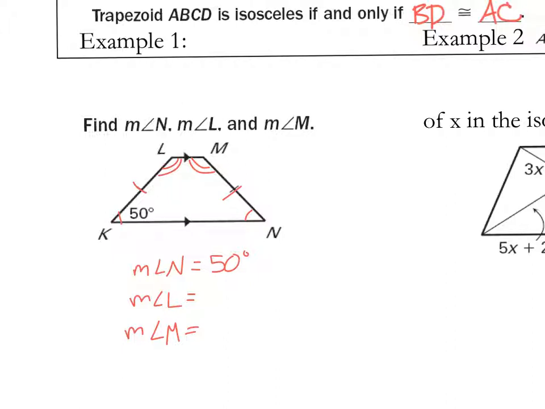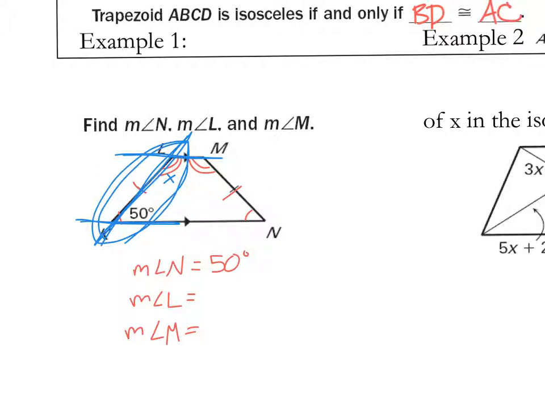And how we figure that out: if I look at these two angles, maybe I'll change colors. So if I look at these two, and that is an x up here. So x and 50, if you go back to our parallel lines information, are same side interior angles.